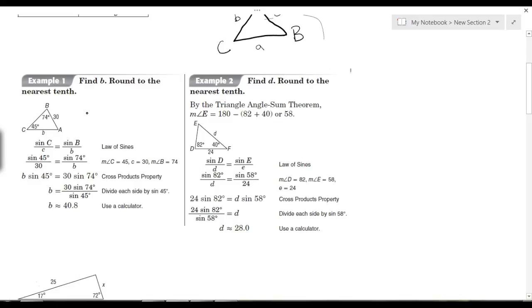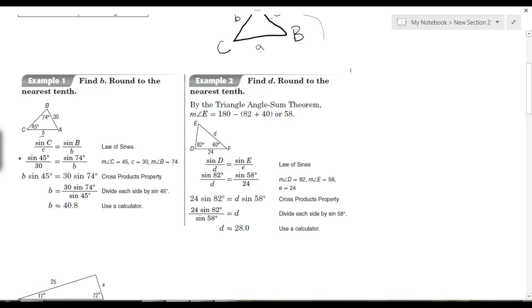So our first example is asking us to find a missing side. Happily, it's labeled our triangle ABC for us, so it's a little bit easier to look at things. Since we have angle B and angle C, we're going to set up our proportion with B and C. So the sine of angle C over side C equals the sine of angle B over side B. So we're going to plug in the information we know.